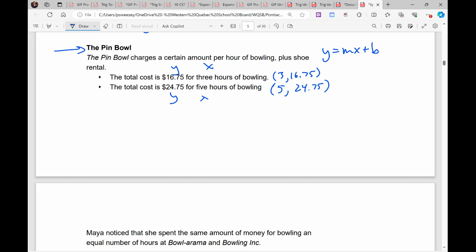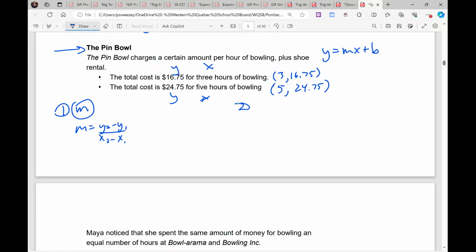Okay? And then go ahead and do the exact same process, combining everything we've done up till now, which would then be, find M first. So M is equal to Y2 minus Y1 over X2 minus X1.